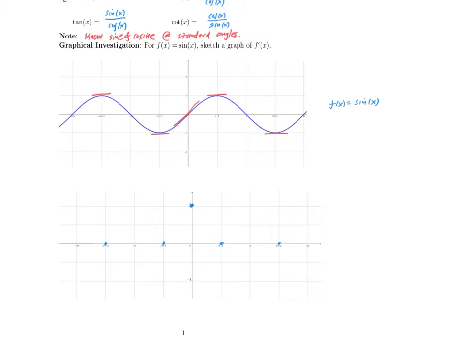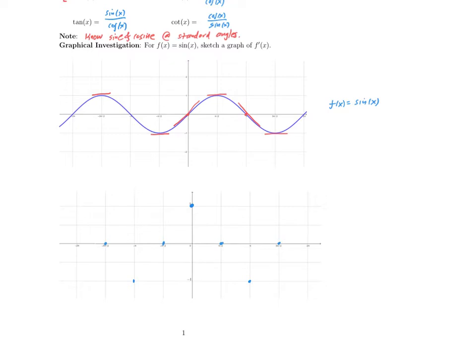And then if I try to make some similar predictions, if we move over to pi and we draw the tangent line at pi, roughly speaking, it's a negative slope, and it looks like it could be minus 1. And then you'd find a similar thing at minus pi.